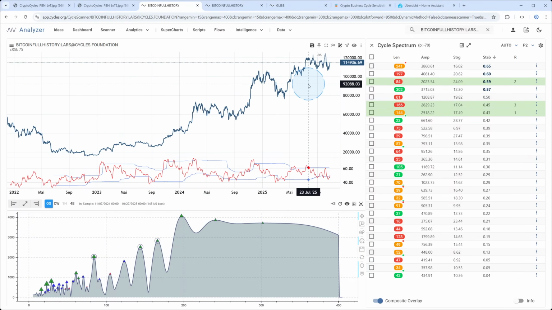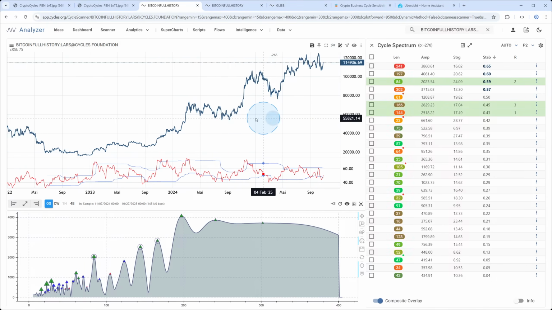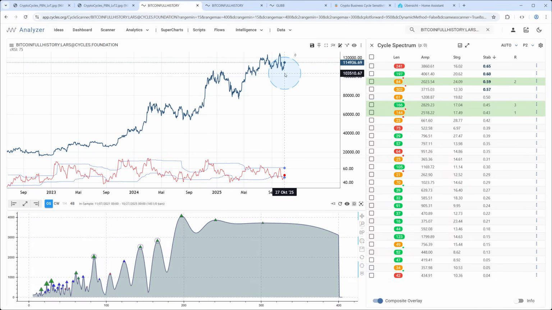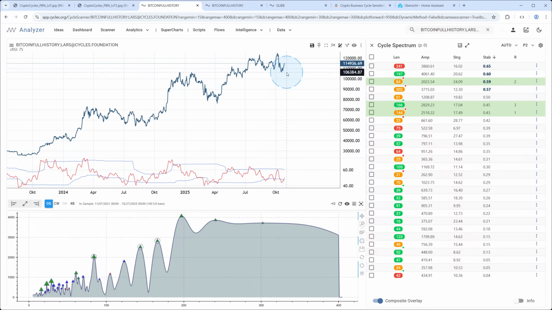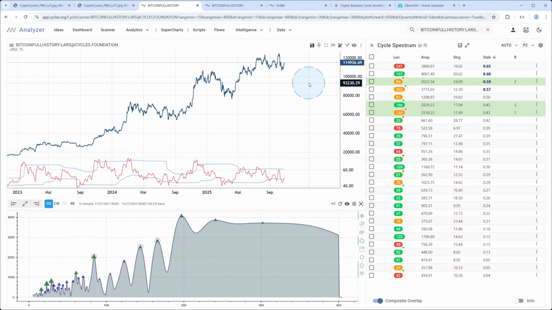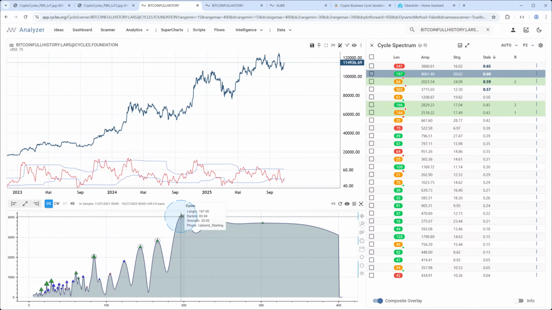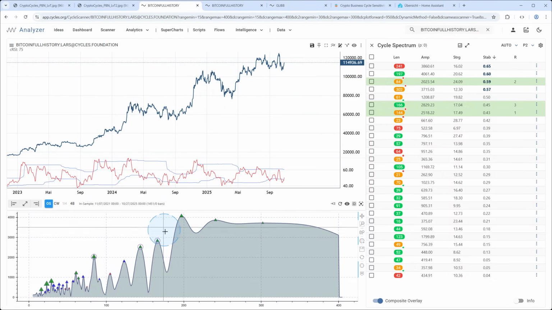I have now included the latest point, which is today. Today's Bitcoin price is here. And we see again, and very clearly in that sense, a cycle with a length of 192, which is showing up here with the highest amplitude.